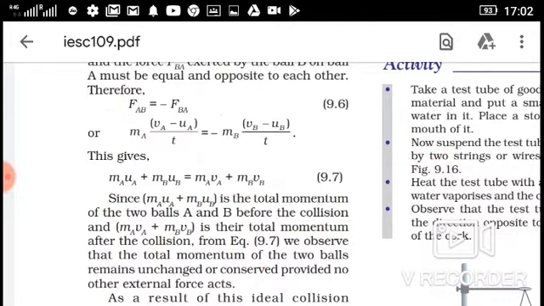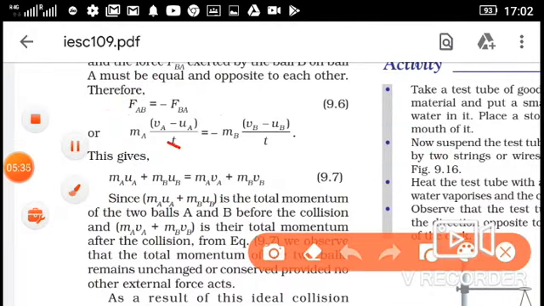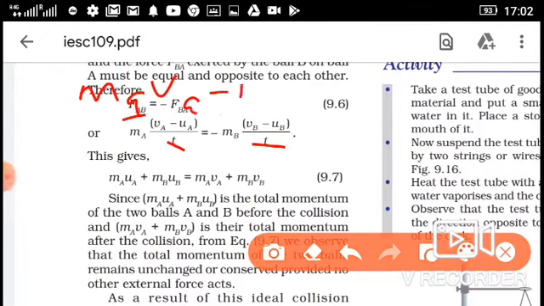Or simply I just tell you, if you cut it, then you solve it like MA VA minus MA UA is equal to minus MB VB plus MB UB.